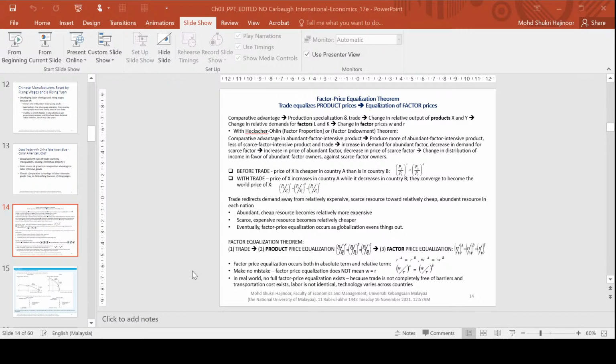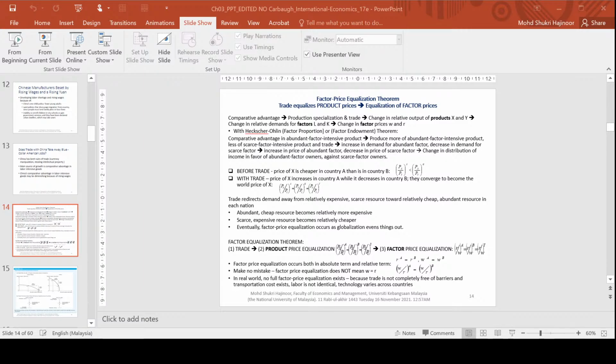Why does that happen? Take the United States, for example. You, United States, you have capital. You must specialize in capital intensive goods, aircraft. So more aircraft will be produced, and more aircraft will use more capital. As a result, more demand for capital.